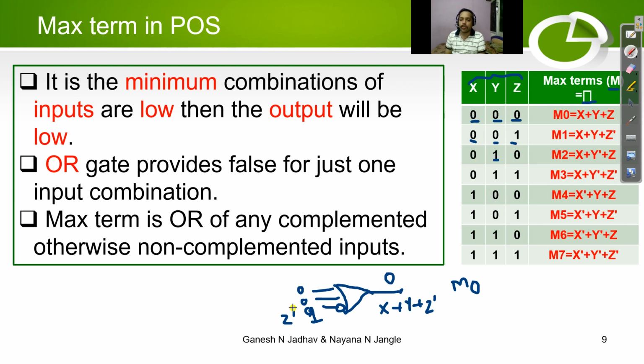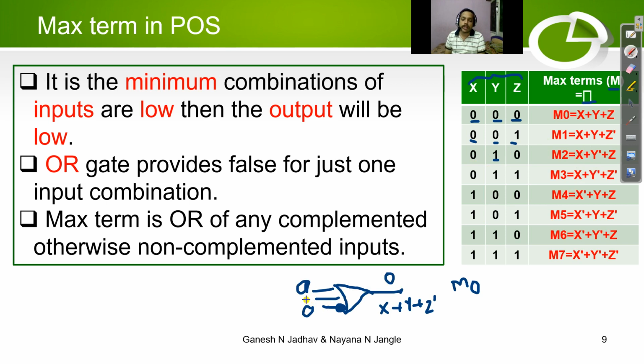Similarly, here Y is equal to 1. So this is 0, this is 1, this is 0, so 0, 1, 0.